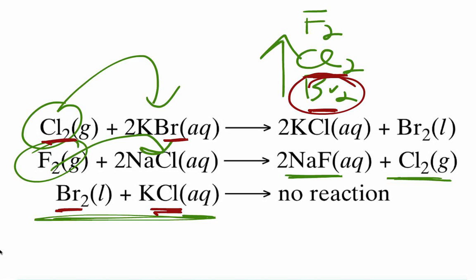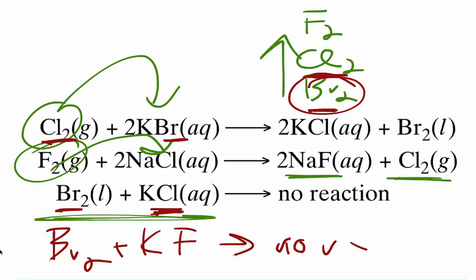So bromine is less reactive, so it cannot come in and replace chlorine. So say we put bromine with potassium fluoride, well, again, we're going to have no reaction. No reaction. And why? Because, again, bromine is further down the reactivity. It's not as reactive as fluorine. It cannot rip that fluorine off and bond to the potassium.